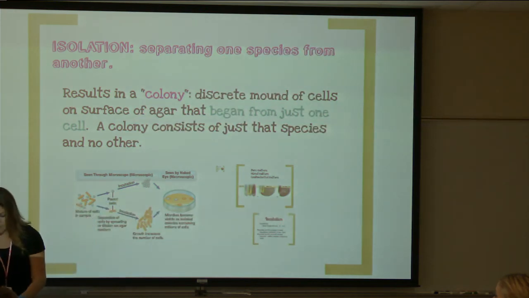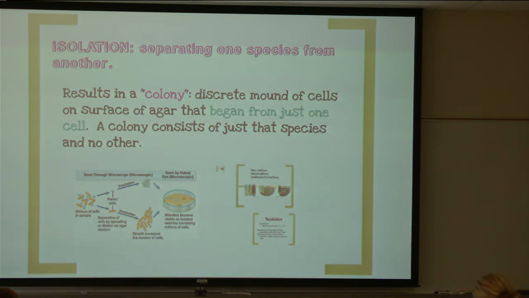So basically, when you have liquid, you have growth in the broth. It's everywhere, it's throughout. So I'll just say everywhere. Solid. Where will the bacteria grow with the solid media? On the surface. So I'll say growth on surface.